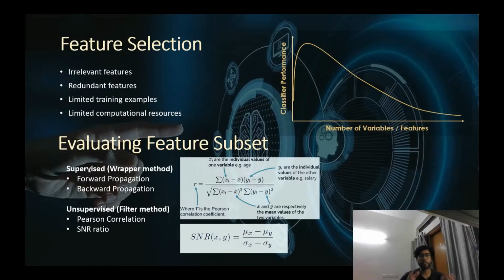Forward propagation is something where, let's say you have 10 features, and you're predicting some target variable y. What you do is choose the first feature first, and then you fit your model, and then you check the accuracy, error, and everything, right? Then you choose the second feature.